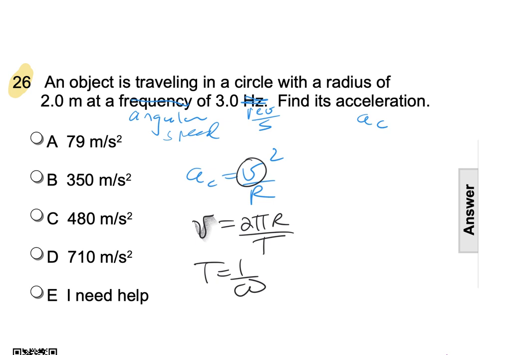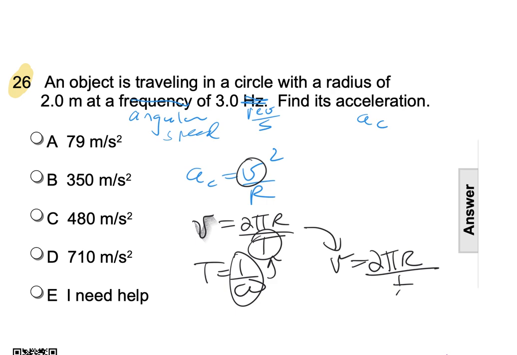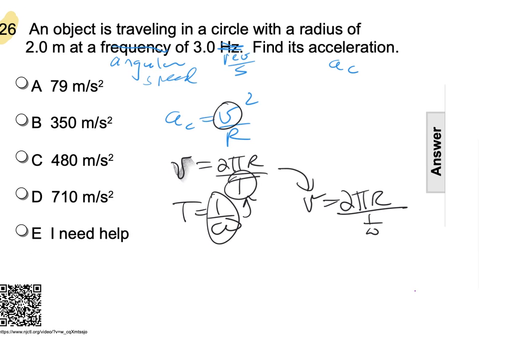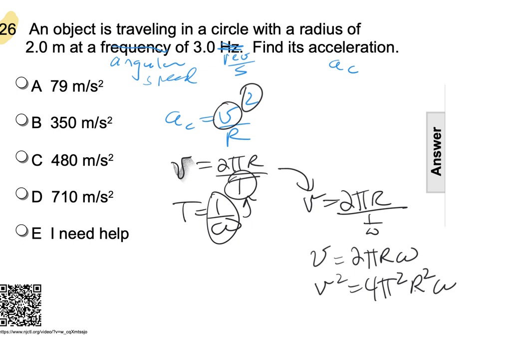Okay, so I could substitute that T in here and rewrite it. So V equals 2 pi R divided by 1 over omega, which is basically the same thing as you've got a fraction in the denominator, so you just invert it and multiply. So that's 2 pi R times omega. So V squared, because I have the square right there, is 4 pi squared R squared omega squared.